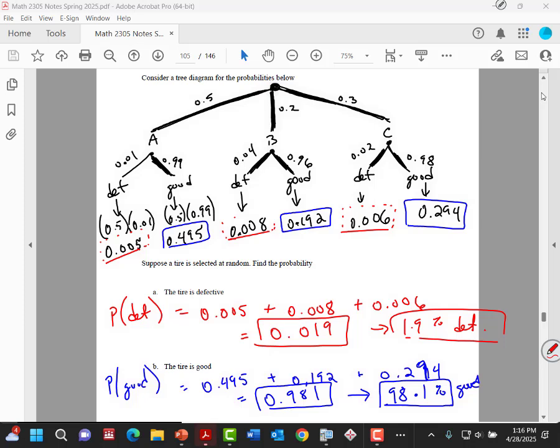So if I select a tire at random from this auto repair tire shop, there's a 98.1% chance it's going to be good and only a 1.9% chance that it's going to be bad. So that will conclude our lesson on probability and Bayes' theorem.